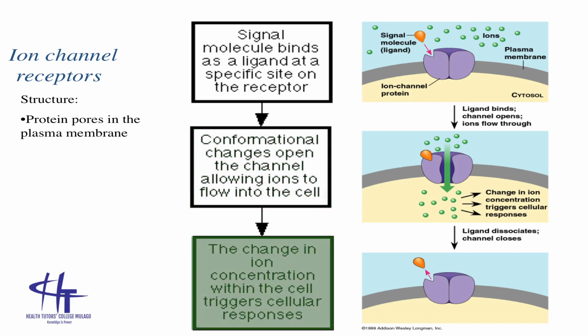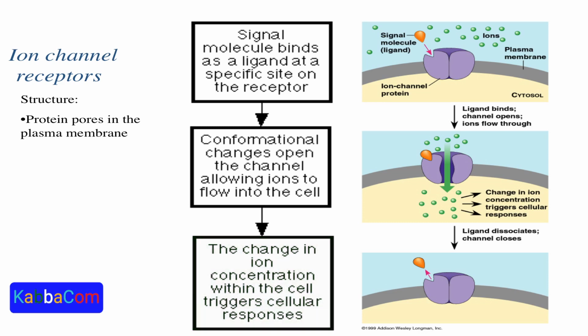Like for example, if it has to do with muscular contraction, then we have a muscular contraction. If it has to do with release of certain enzymes or even hormones, then we shall have release of these.